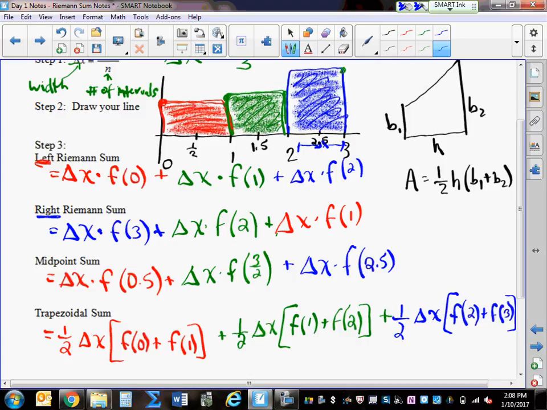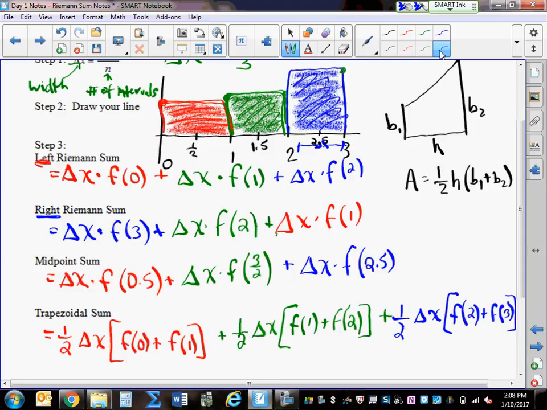And again, what my trapezoid looks like on this would be taking that left and right endpoint and making a trapezoid out of it. Your trapezoidal sum is always going to be the best approximation of these formulas.